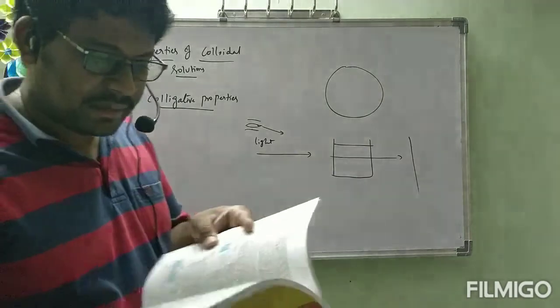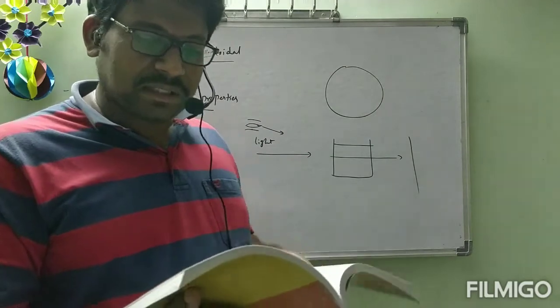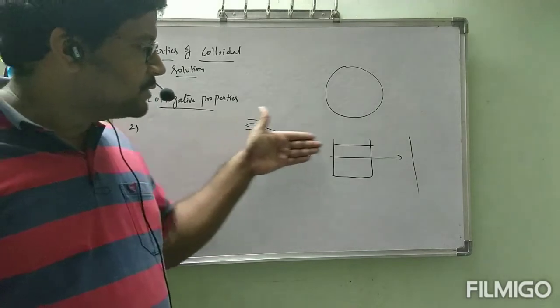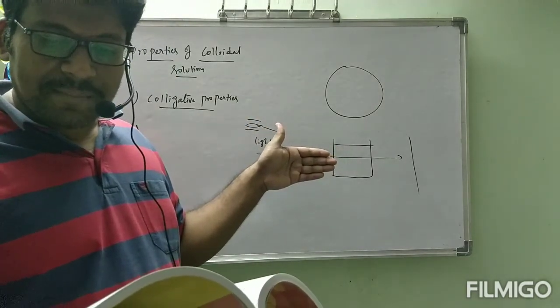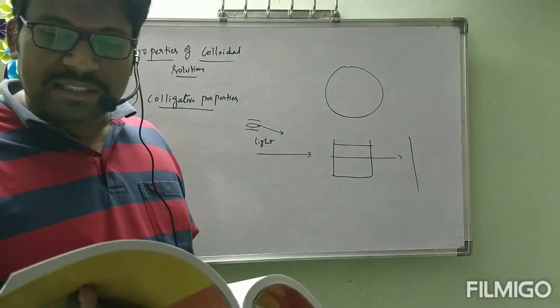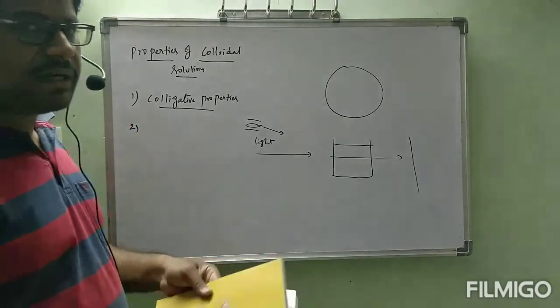Okay, now if a homogeneous solution placed in the dark is observed in the direction of light, it appears clear. That means we can see the clear solution. If it is observed from a direction at right angles to the direction of the light beam, it appears perfectly dark.